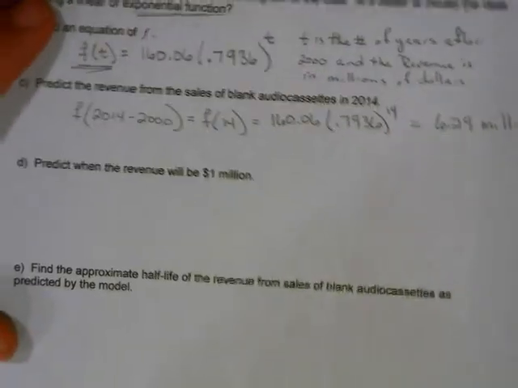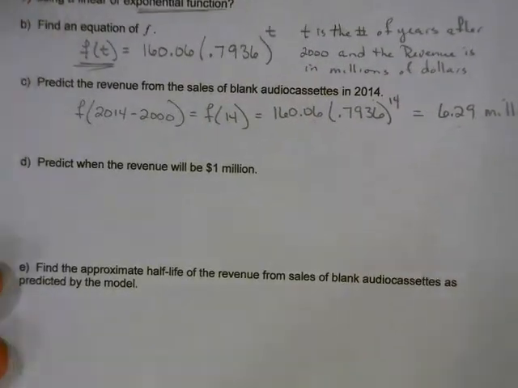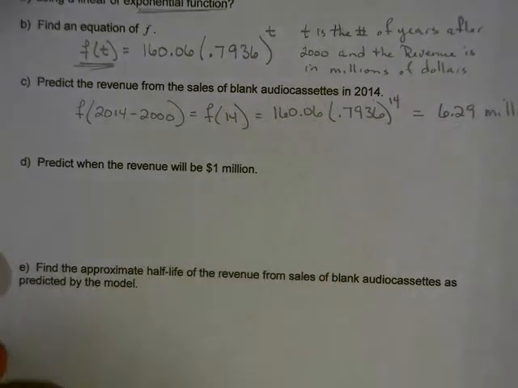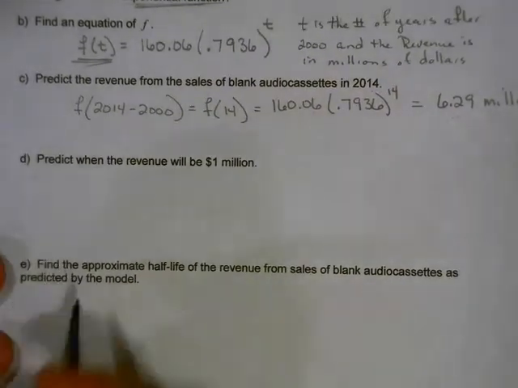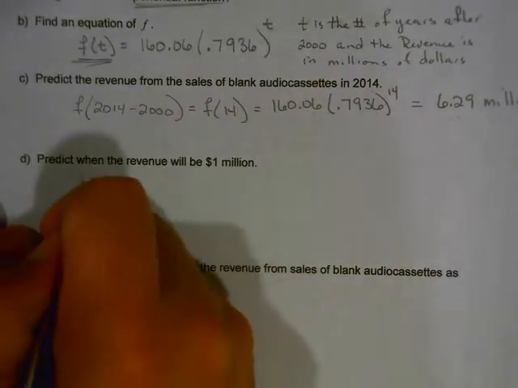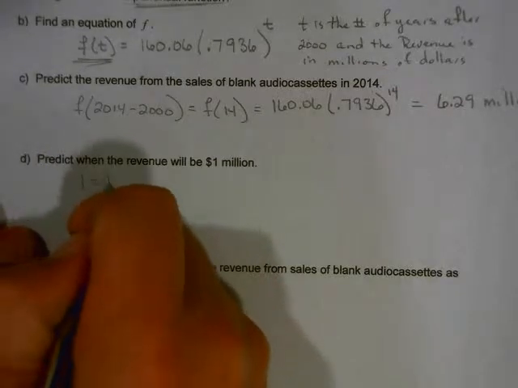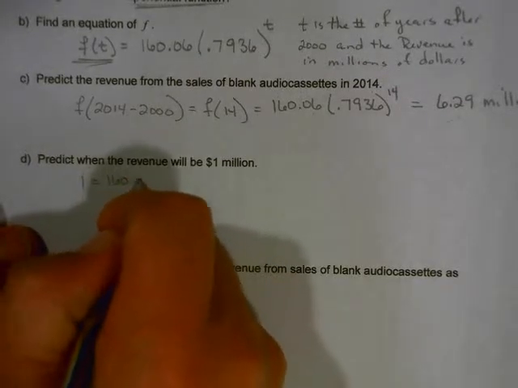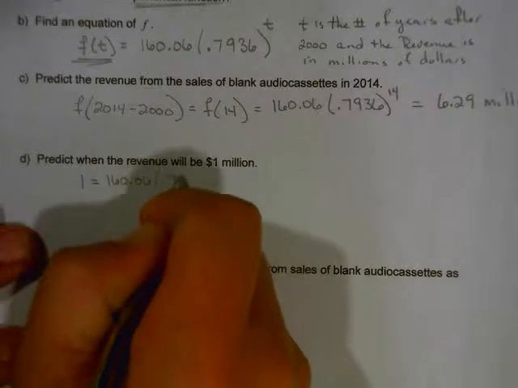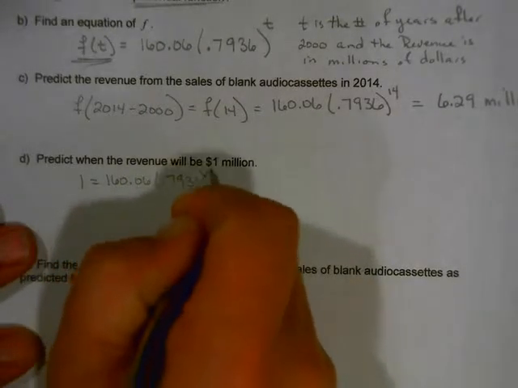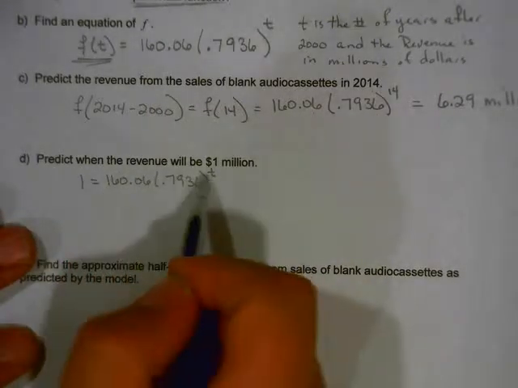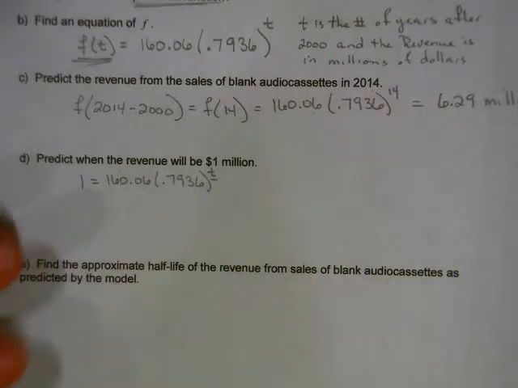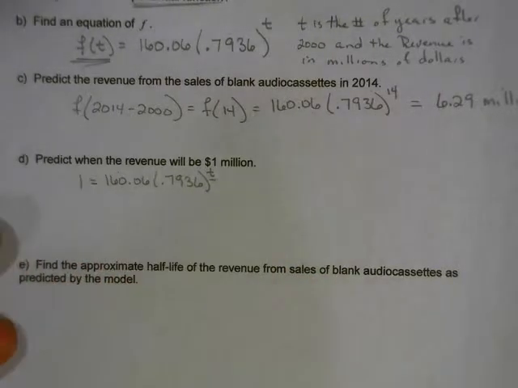Now, predict when the revenue will be 1 million. Well, 1 million, so that's going to be 1 equals 160.06 times 0.7936 to the t. Predict when, so we're looking for our time now. So we're going to have to solve this equation.